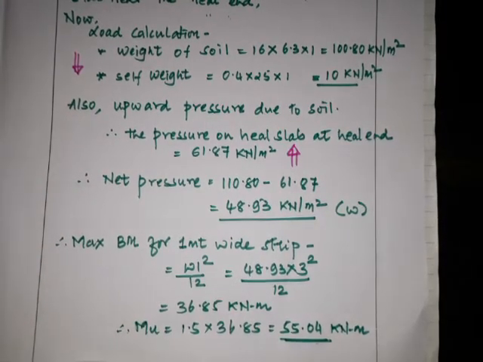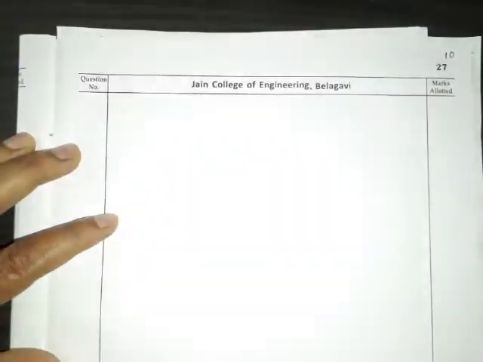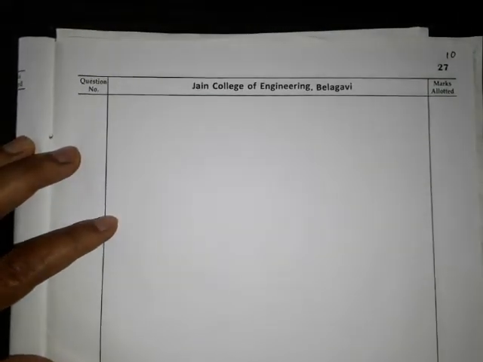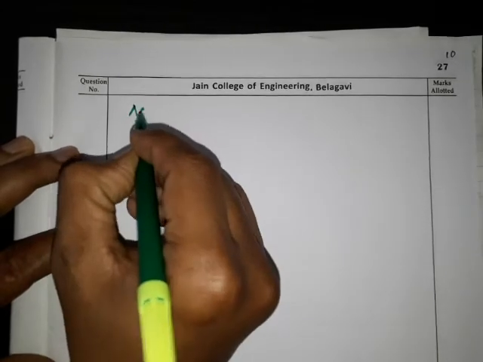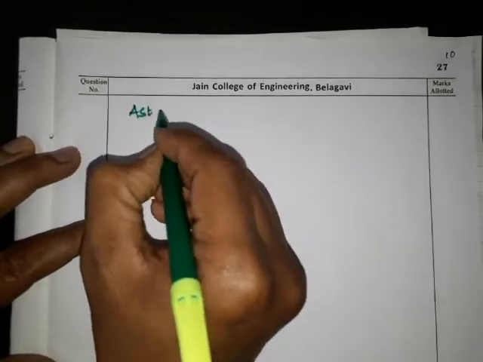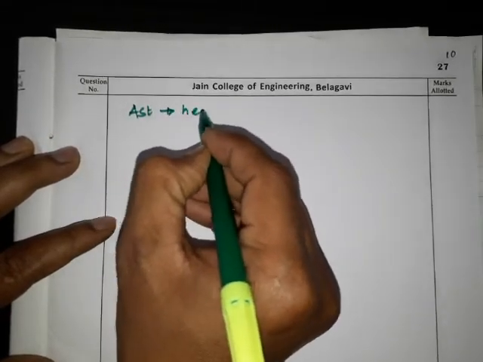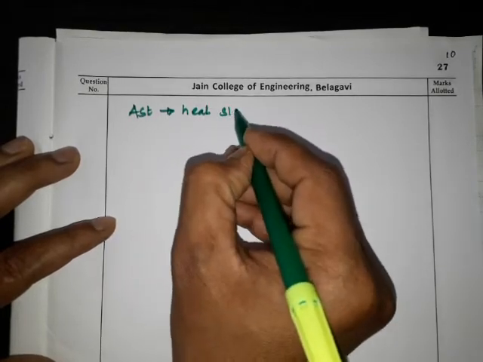So next move on to area of steel, that is AST in heel slab.